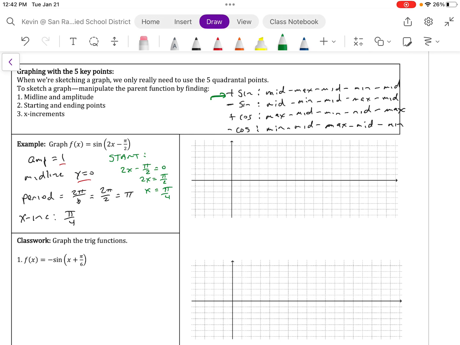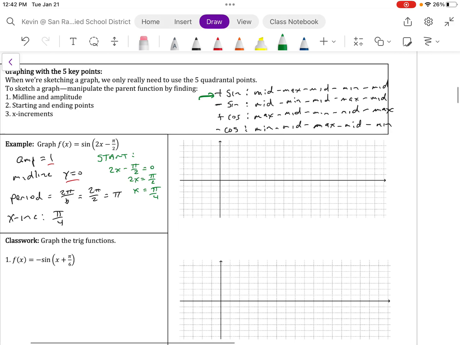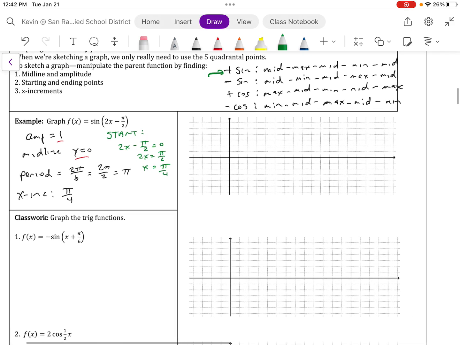So we're doing sine, and we know that positive sine is going to start at its midline. Our midline is at y equals 0, so we know we're starting at pi over 4. So I'll make this pi over 4.